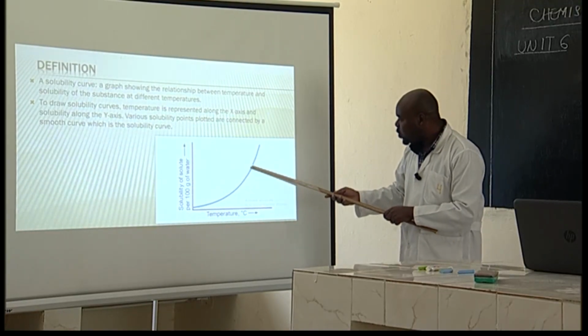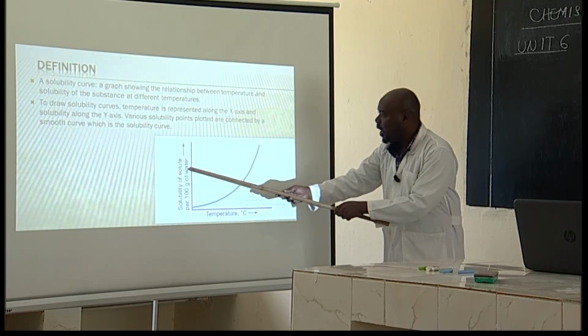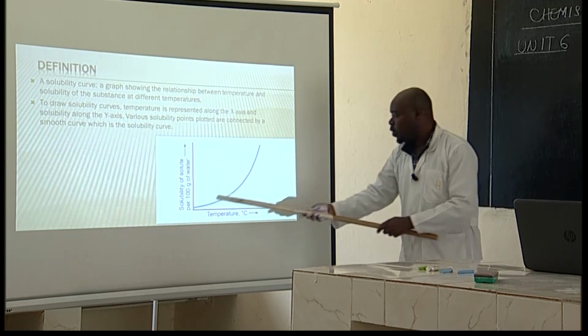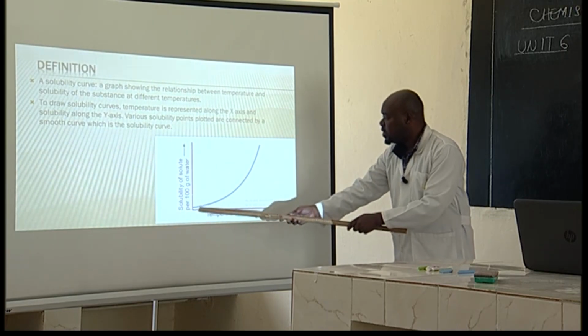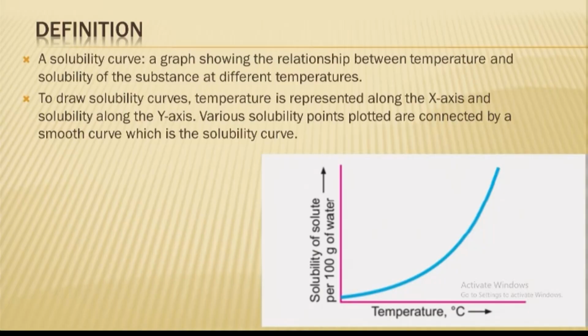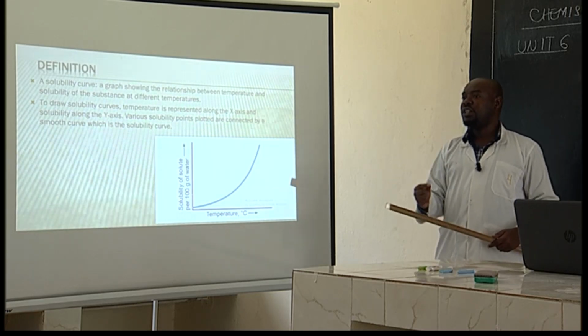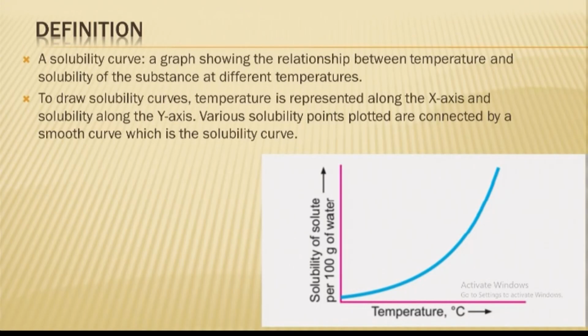At another, higher temperature, you can see that we will have a higher solubility. So the solubility is increasing as temperature increases. That is the reason why we have a curve which looks like this. So we always connect 2 values to get a point, and after getting enough points, you can connect them to get a curve we call a solubility curve.